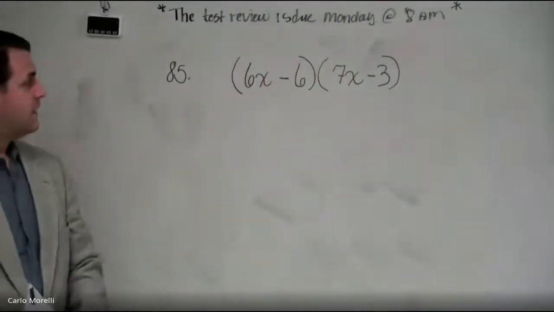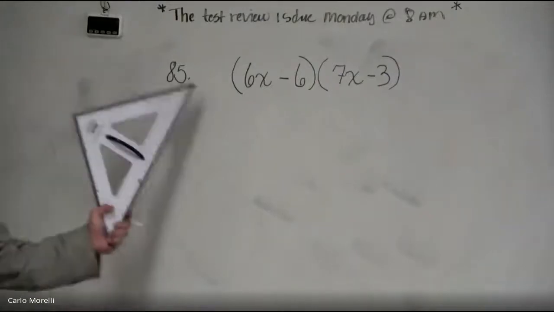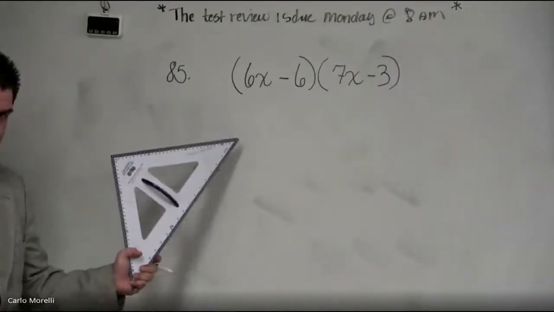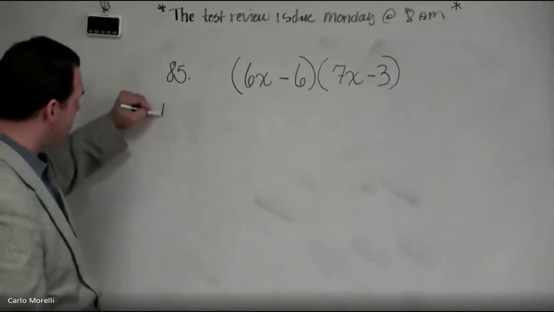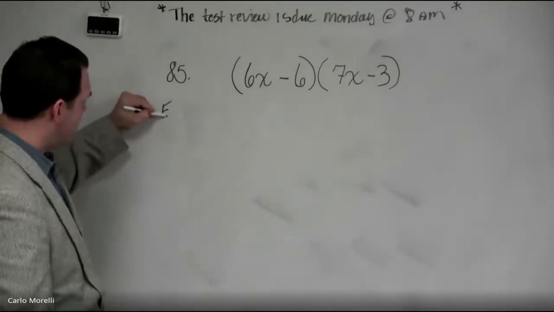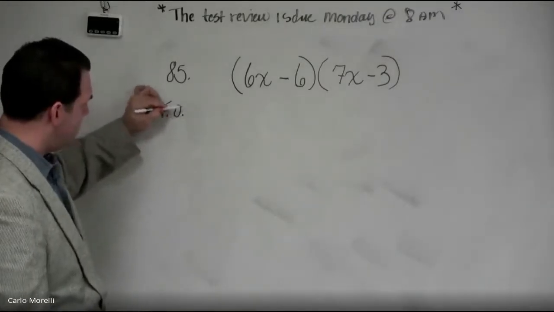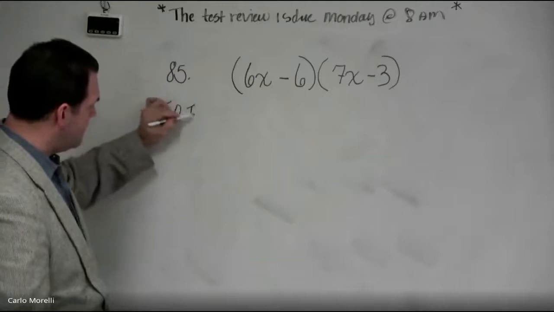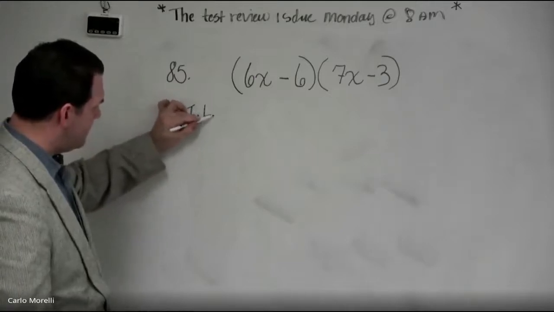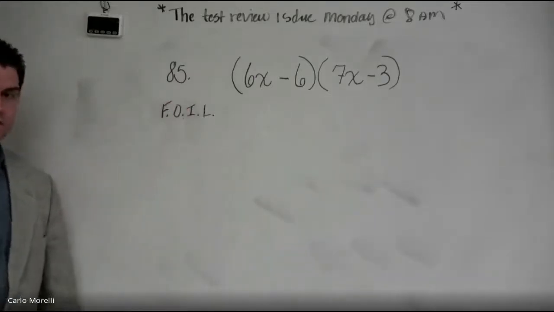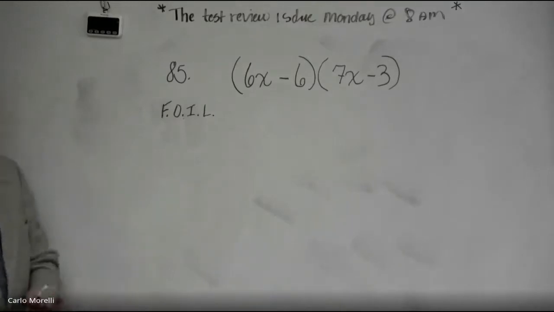Yeah. Okay, so the way to find the answer to this, it requires you to multiply using FOIL. First, outer, inner, last. So what that will look like, I'll just tell you the game plan, and then if you want to try it on your own, you can.